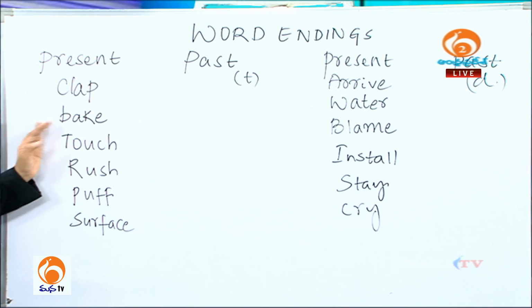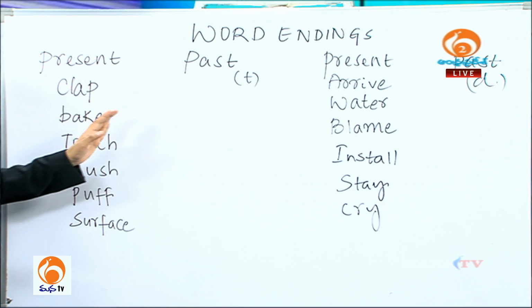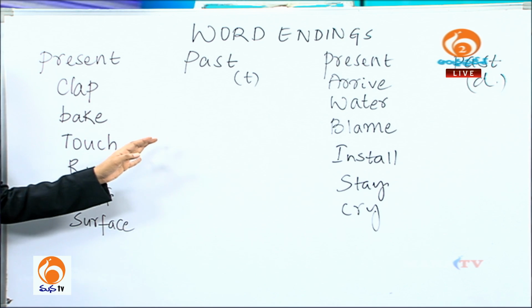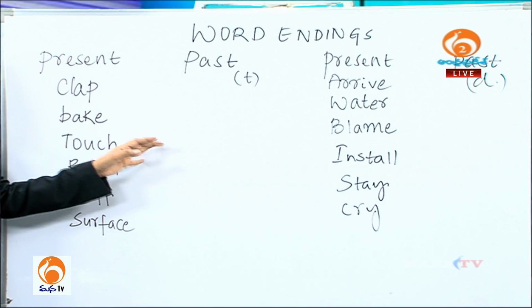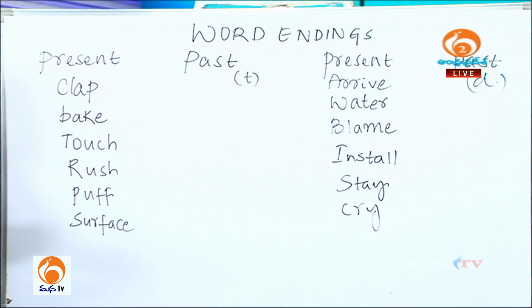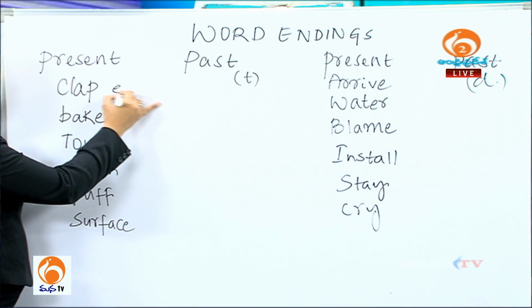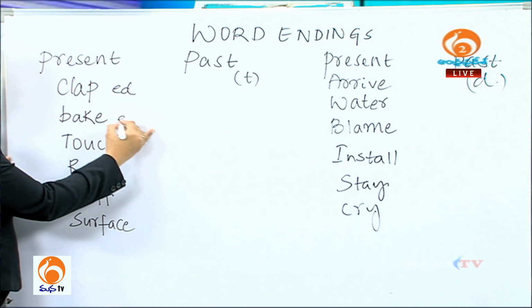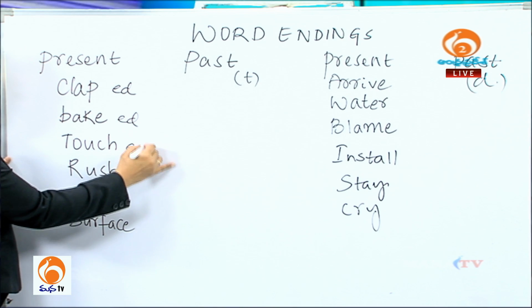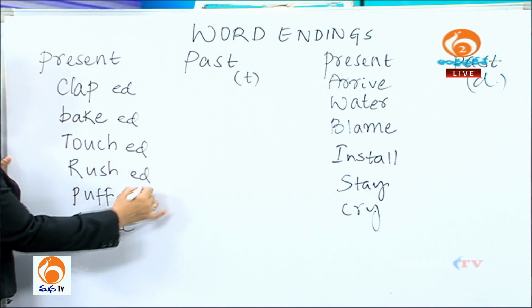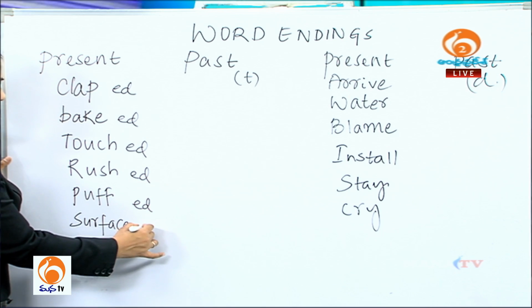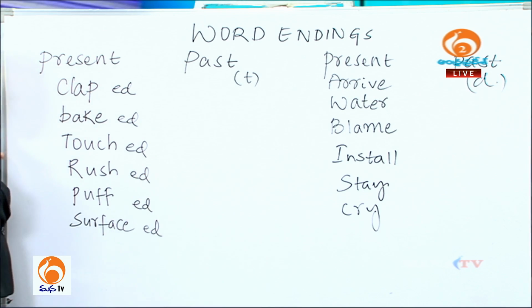If the same set of words are made into the past tense, then these words would take an ed form. So clap will become clapped, bake would become baked, and surface would become surfaced.